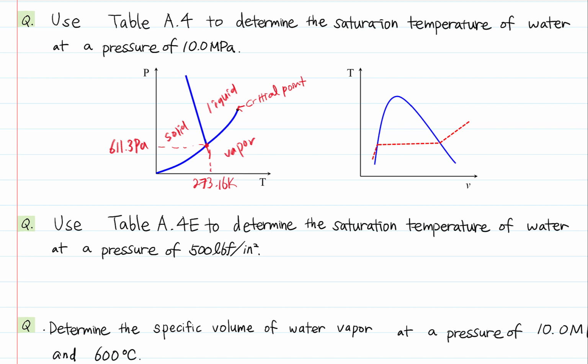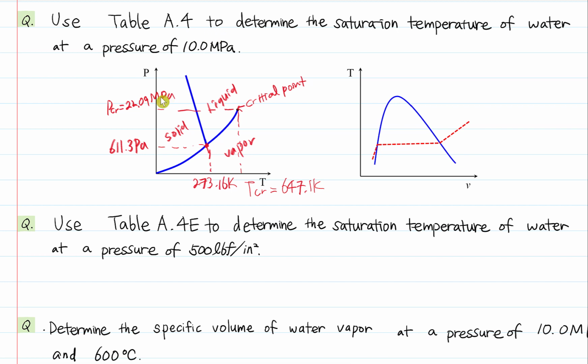At this point, the density of the liquid and gas are equal. And the pressure at the critical point is called the critical pressure, which is 22.09 megapascal. And the temperature at the critical point is called the critical temperature, which is 647.1 Kelvin. So in the question we had 10 megapascal and it's in the saturated vapor phase.